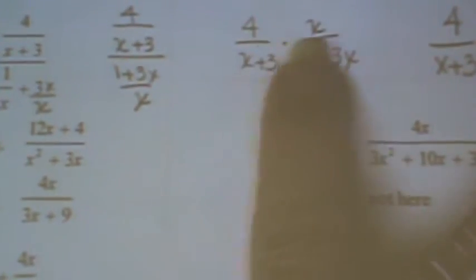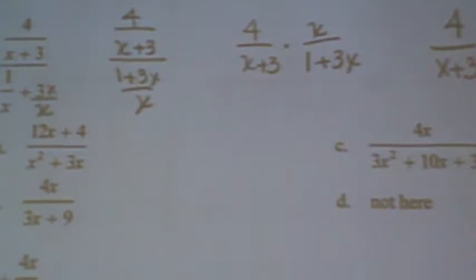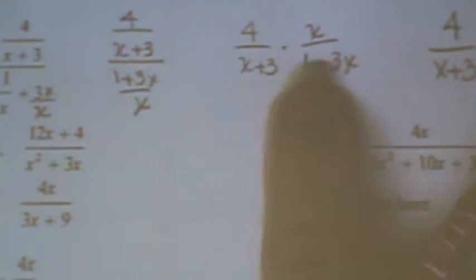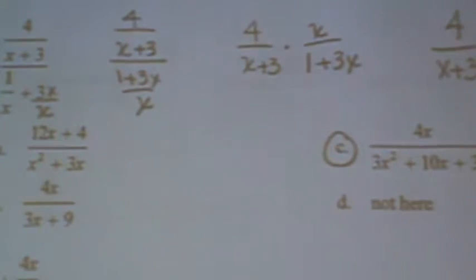So there's your multiplying these two. So 4x times x is 4x, and this times this ends up giving you that. So C is the correct answer.